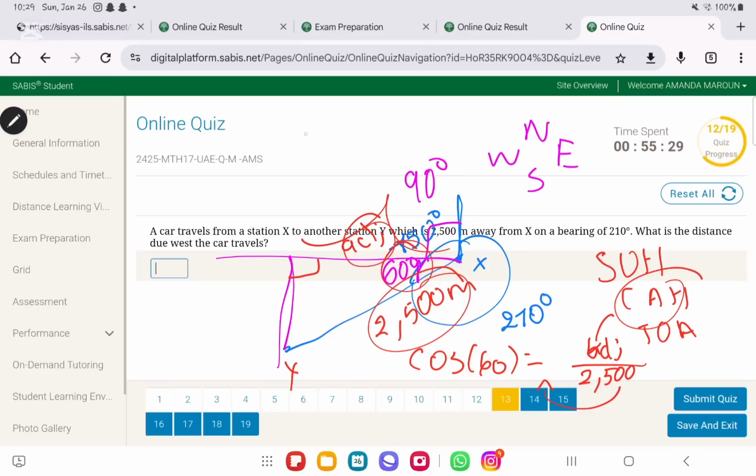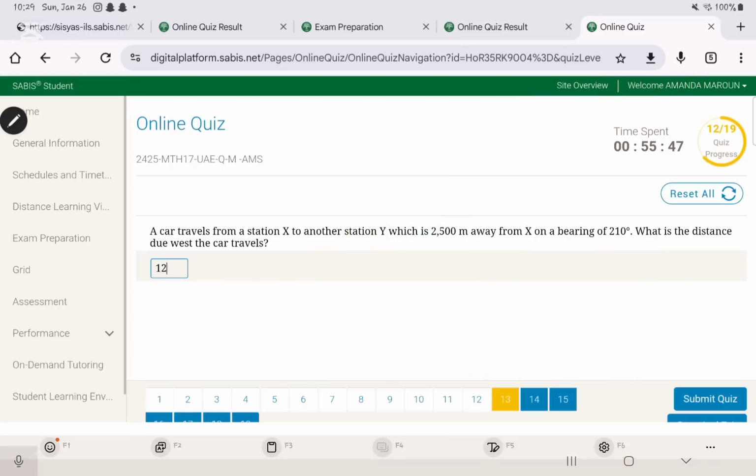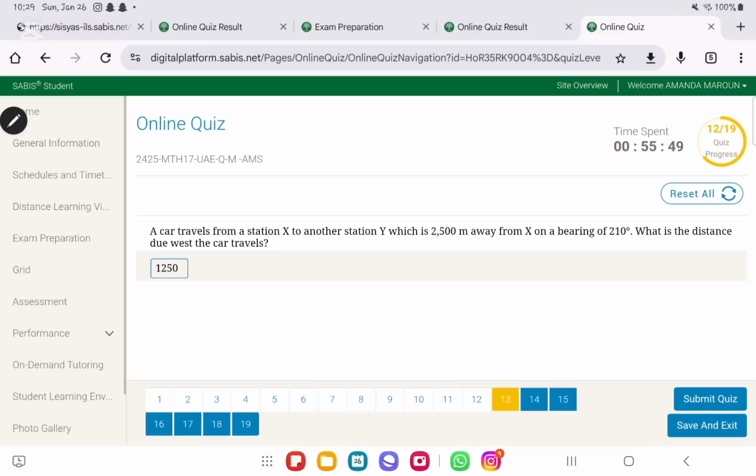So adjacent is equal to cosine 60 times 2,500. If you do it on your calculator, you are gonna get an answer of 1,250 meters. So it is 1,250 meters.